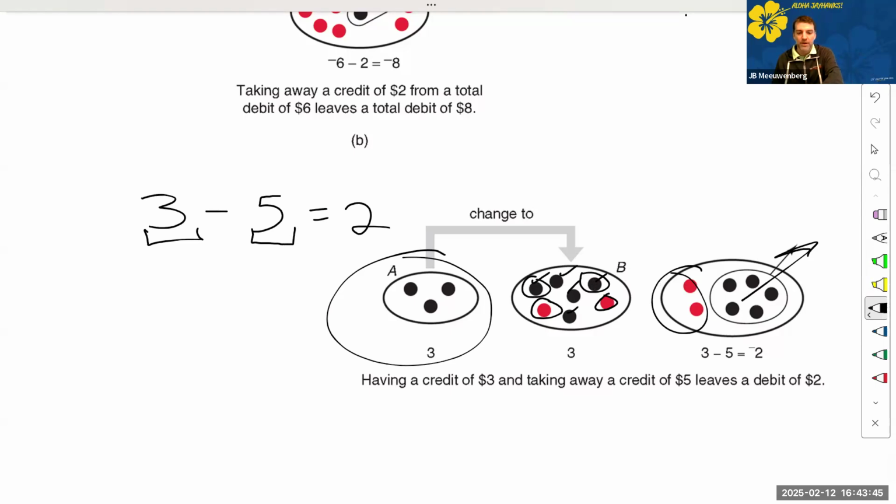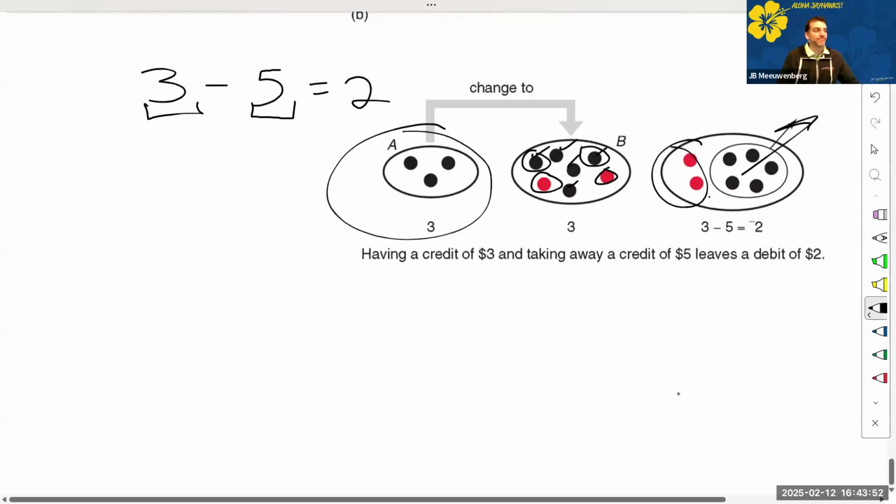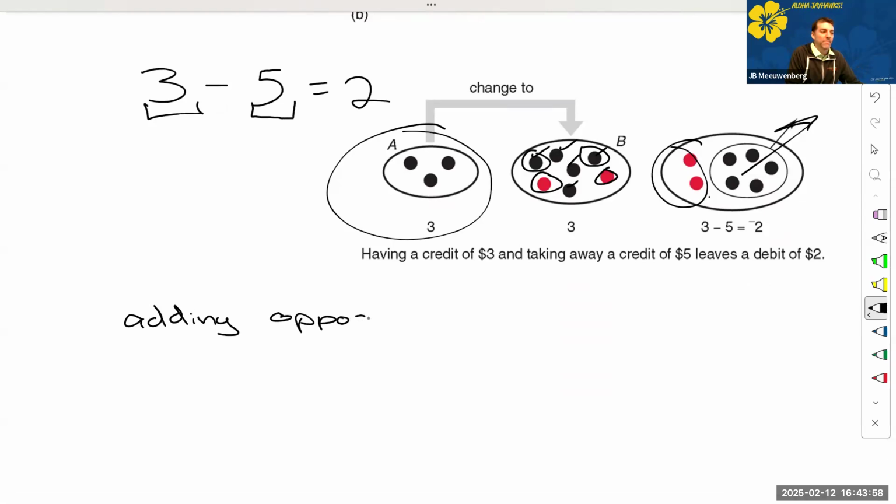So another way we can think about this is adding opposites. It's another way that subtraction can be represented, through the addition of opposites. Okay.